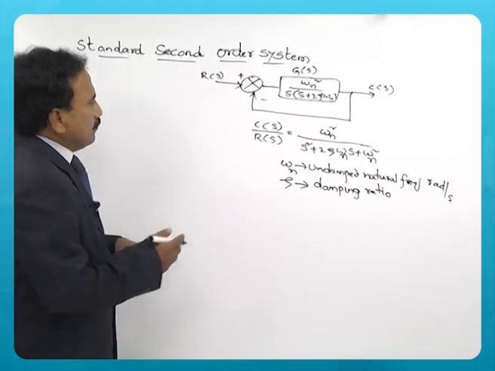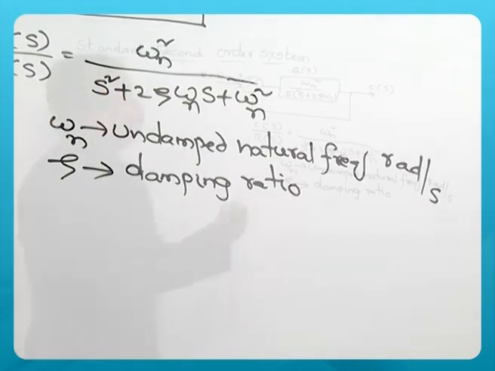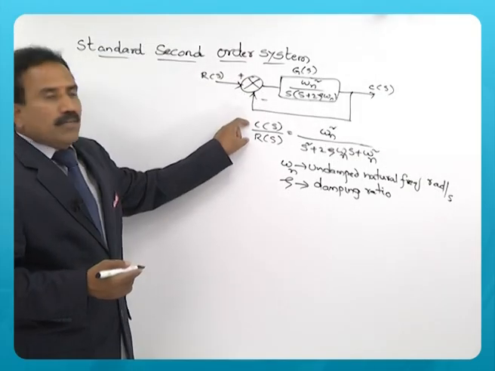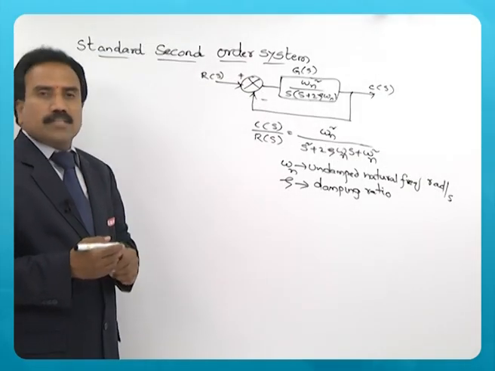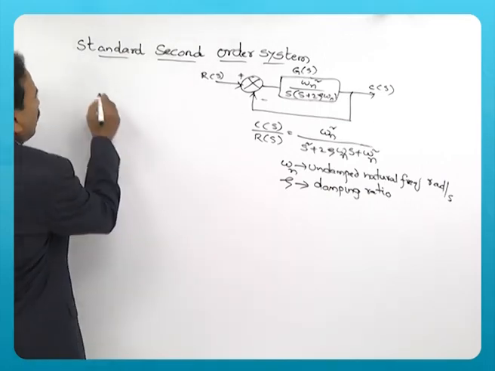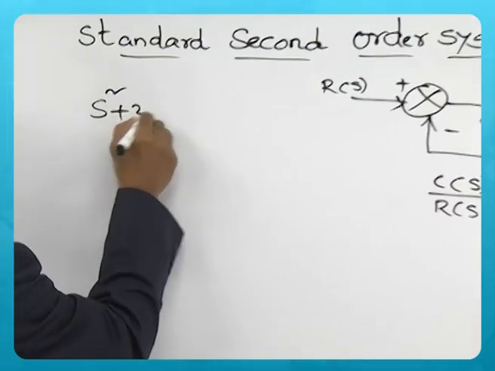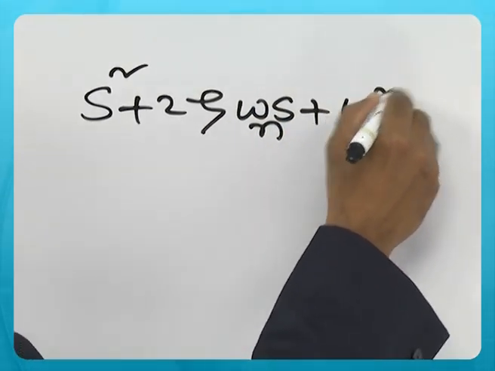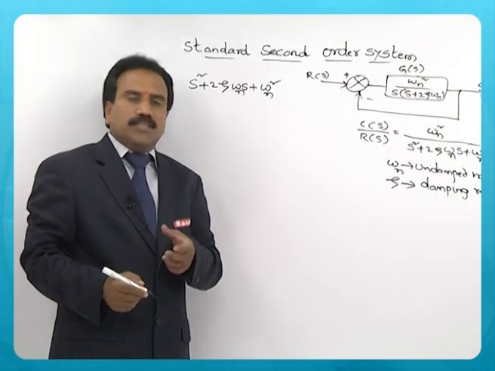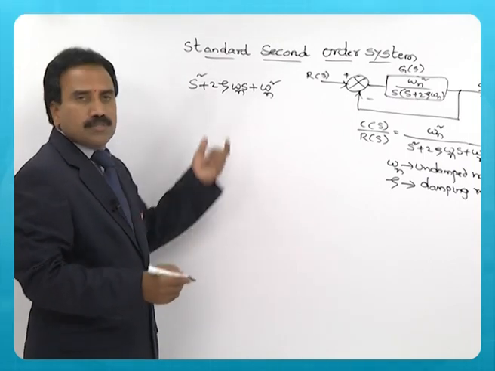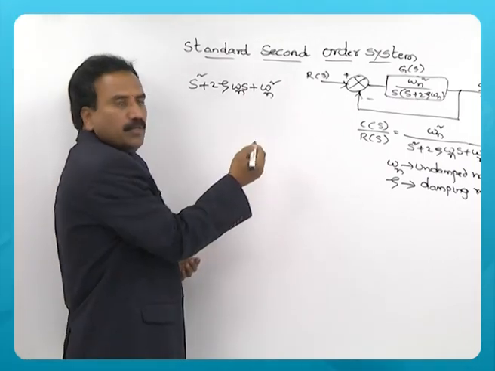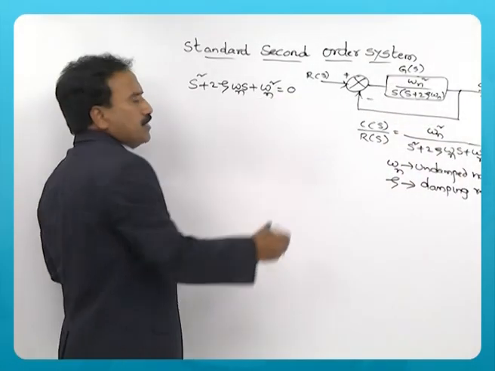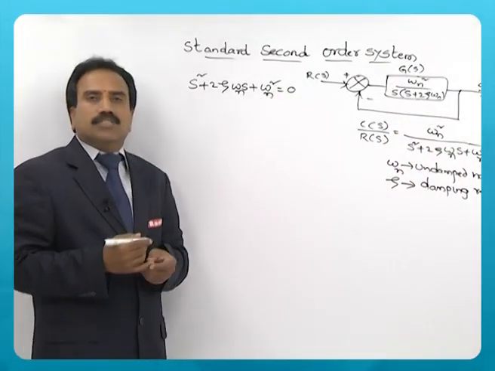Now, the denominator of this transfer function is known as the characteristic polynomial. It is a second order function, so it has two roots. When you equate it to 0, it becomes the characteristic equation.